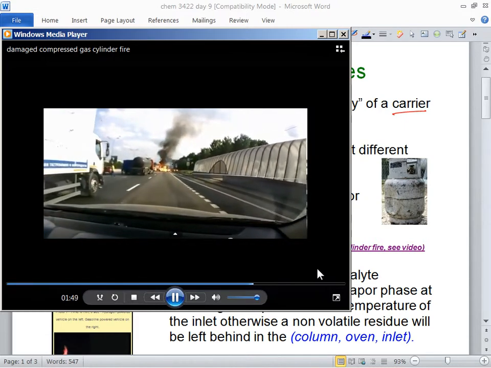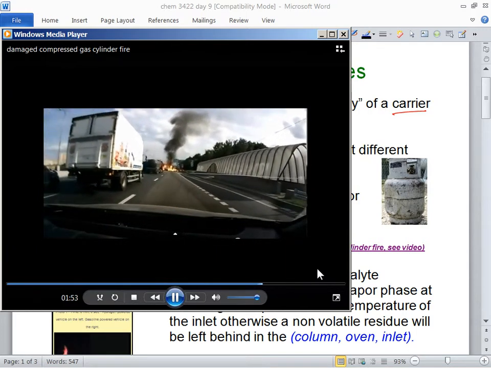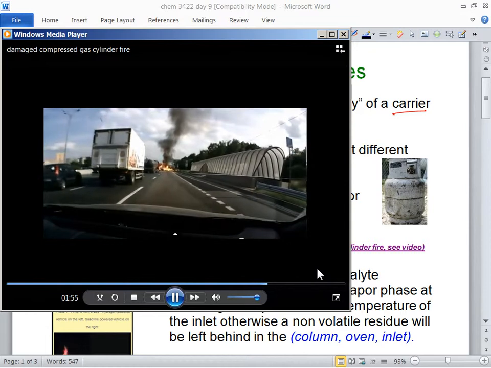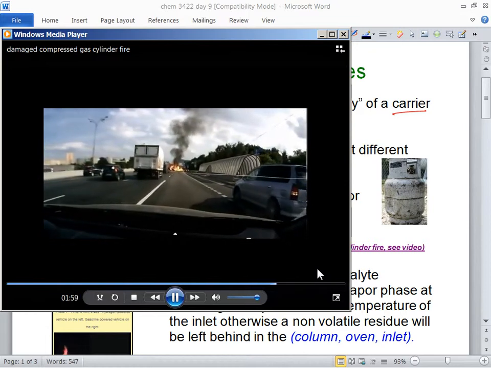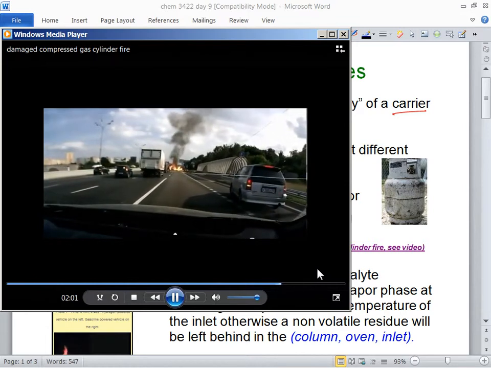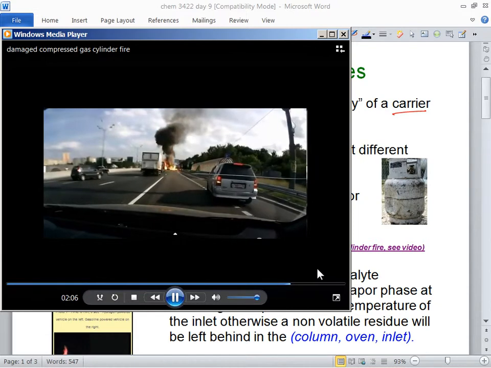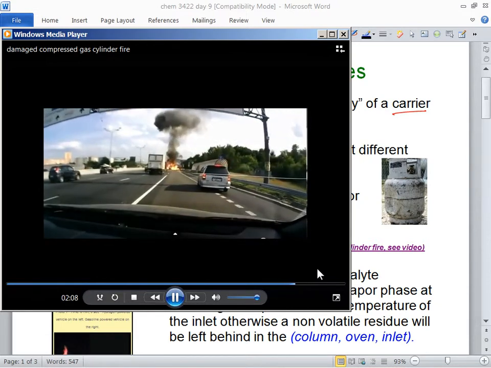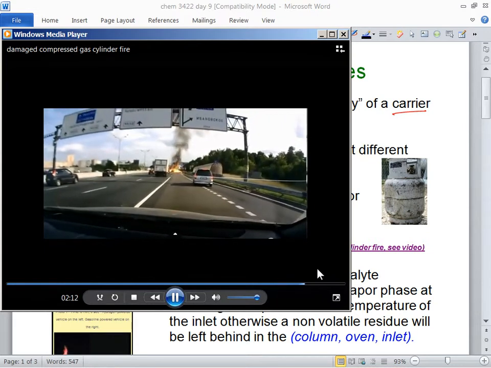I thought they showed those cylinders flying around, but I guess not. I could have stopped this a long time ago. Ooh. Yeah.